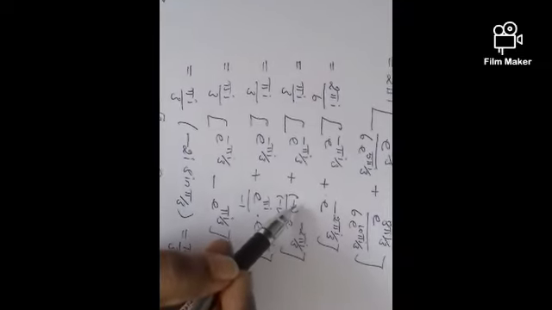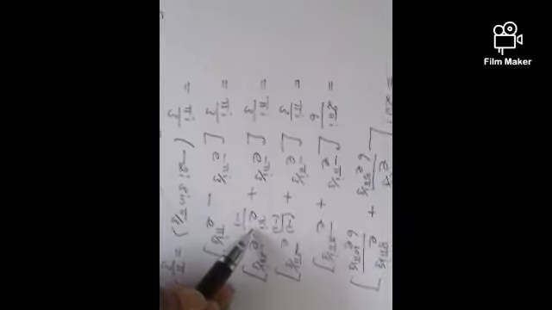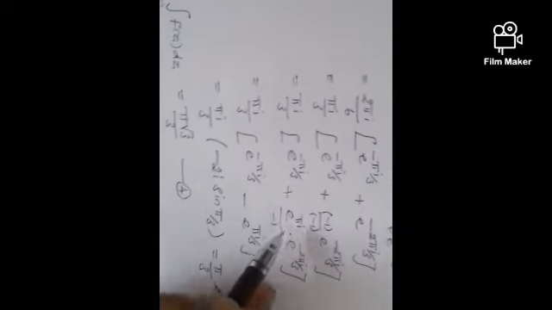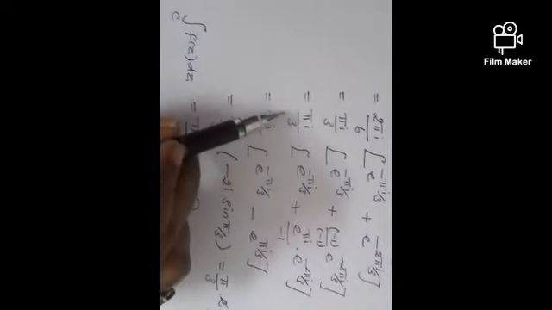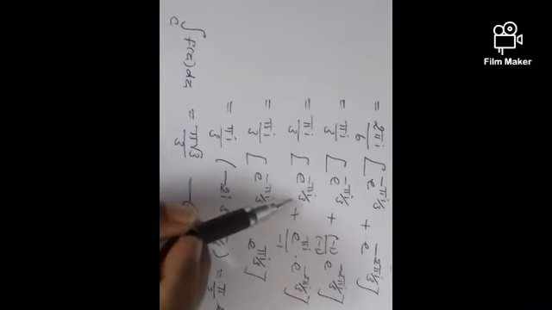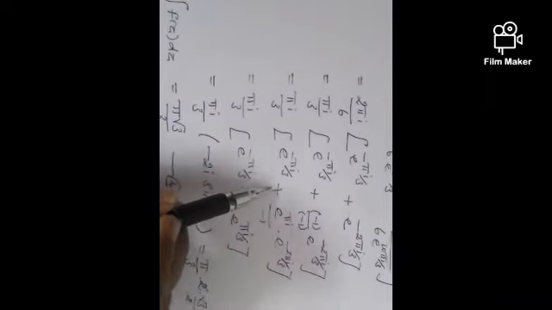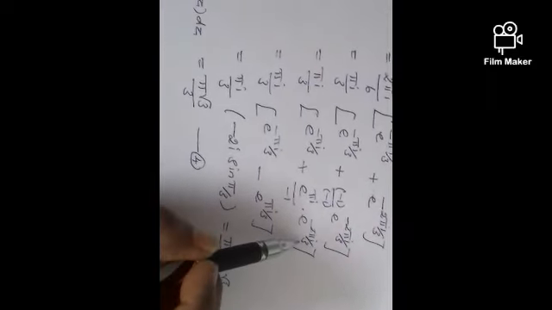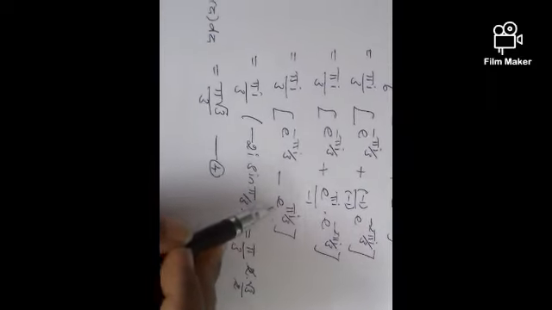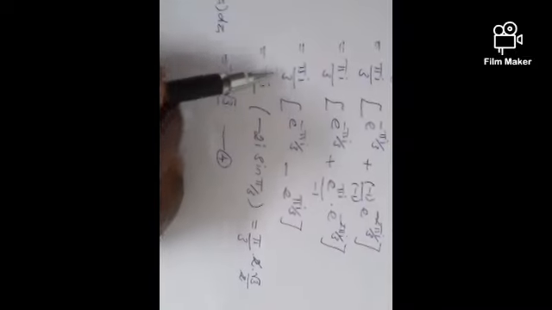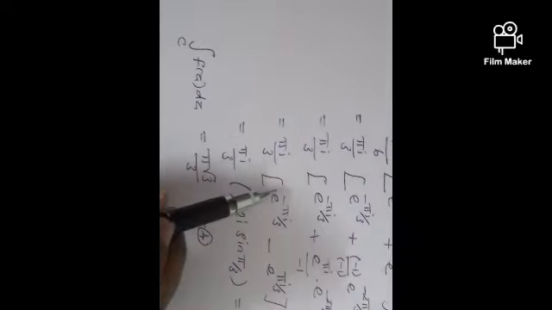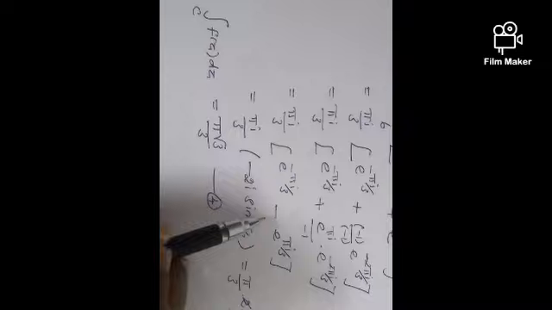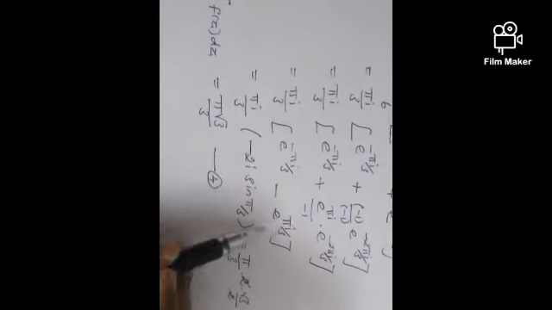Here we substitute minus 1, which is equal to e^(πi). Therefore it equals πi/3 times [e^(-πi/3) minus e^(πi) into e^(-2πi/3)], and we get e^(πi/3). Therefore πi/3 times [e^(-πi/3) minus e^(πi/3)].